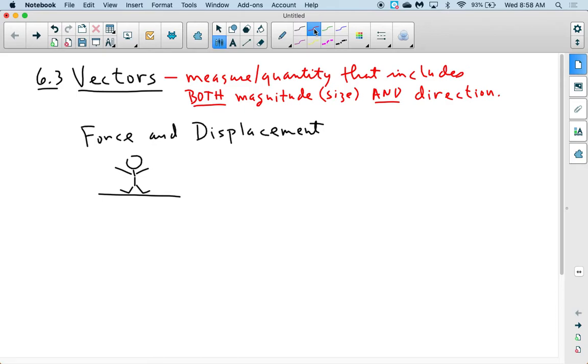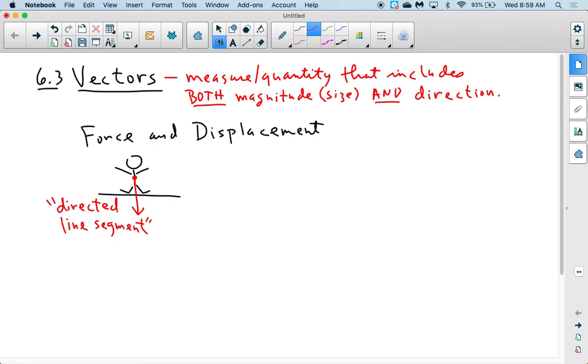Now, an easy way to communicate this is with what we call a directed line segment. This is one way that we draw or communicate vector measures. It looks a lot like a ray from geometry, but if you remember, a ray went on forever in a particular direction.